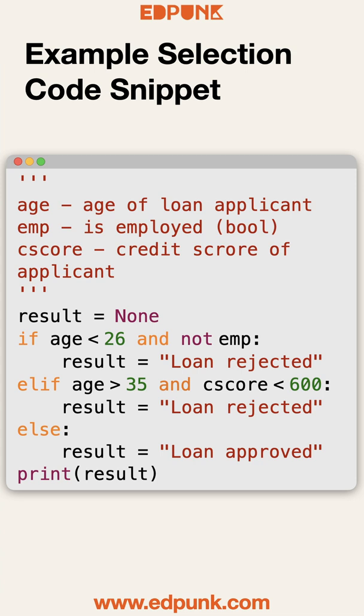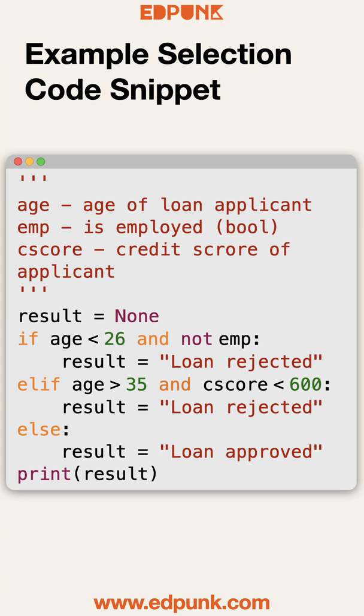The bool EMP represents whether the applicant is currently employed, and C score represents the credit score of the applicant. Let us initialize a variable result which will store the computed result based on the selection conditions. It is currently assigned the value None as the actual result is not yet available for assignment.